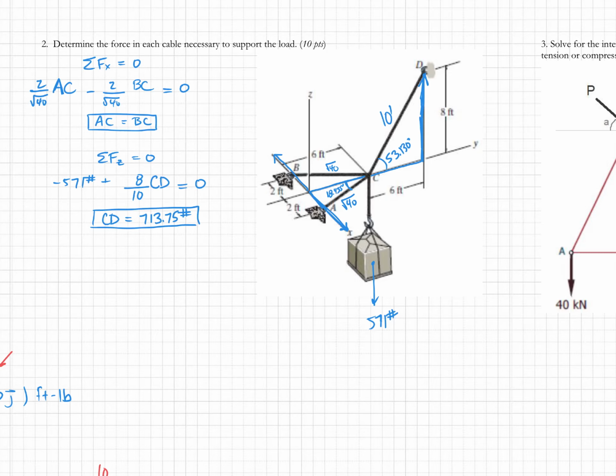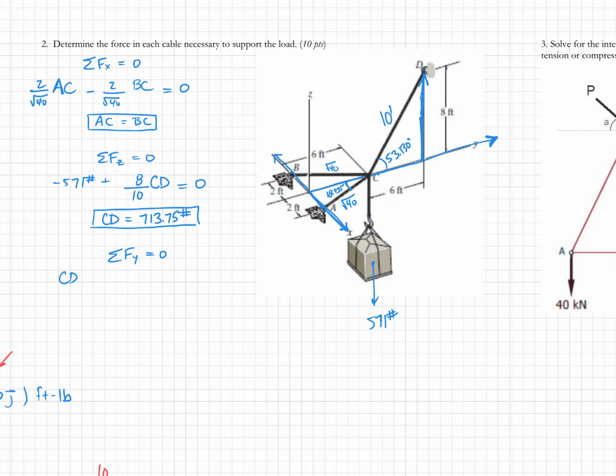So we've done X and Z, so then Y is going to be next. Sum of the forces in the Y direction equals 0. The Y direction is going this way. That's the positive Y. It looks like we've got all of our cables working against each other here. So let's start with CD, because that's the positive one.